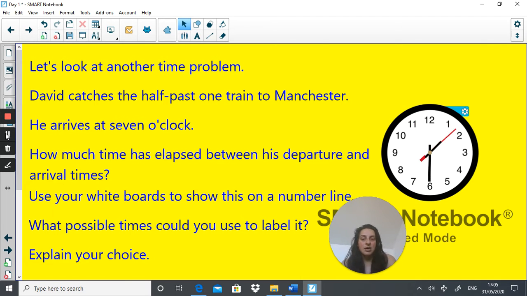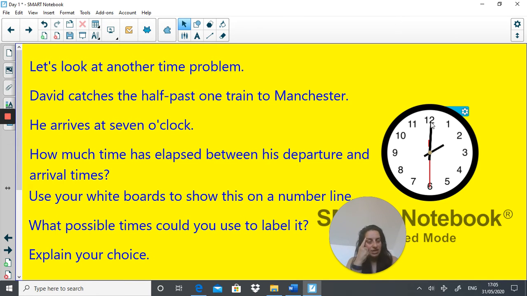Okay, so I am going to show you how to do this. This question is different because rather than the departure time being at an o'clock time, it's half an hour. So that makes it a bit complicated. And when you have a time like that, the best thing to do is to first take the minute hand to the nearest o'clock. So that is 30 minutes.